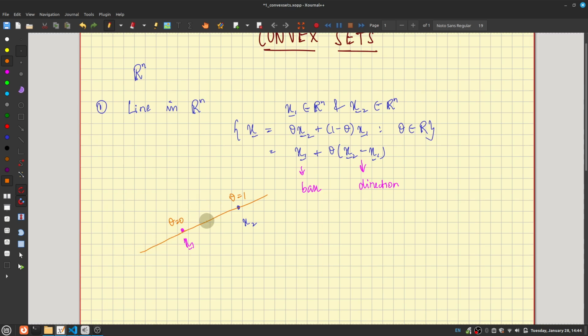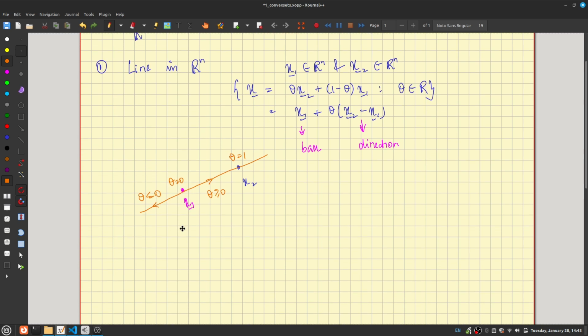So this direction is theta greater than or equal to 0, and this direction is theta less than or equal to 0. For negative values of theta, the direction of the line is opposite to x2 minus x1, whereas for theta positive, it is in the direction of x2 minus x1, but the ray originates at x1. All right.